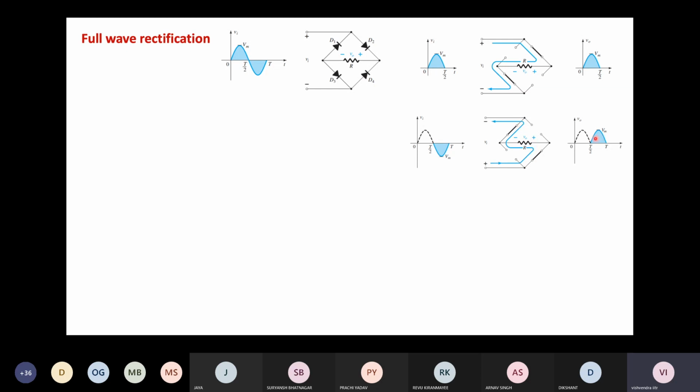So essentially the output is again the same as it was in the positive half cycle. So what we have done is, using this kind of circuit, we have converted this AC signal into this kind of signal in which the negative half cycle has been inverted. The positive half cycle is the same, but the negative half cycle is inverted.